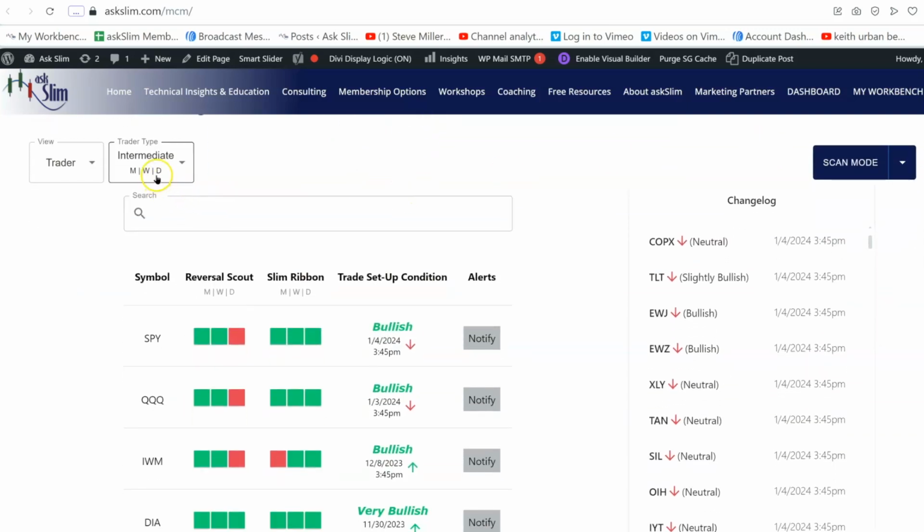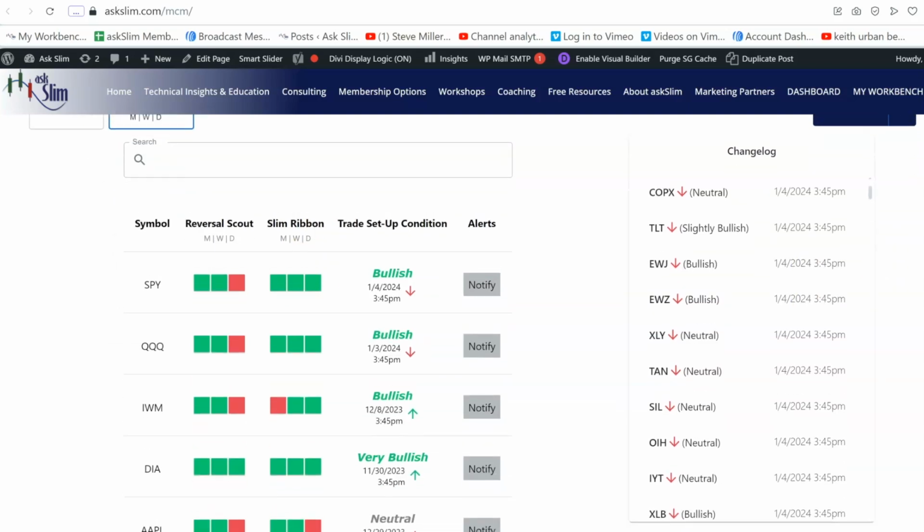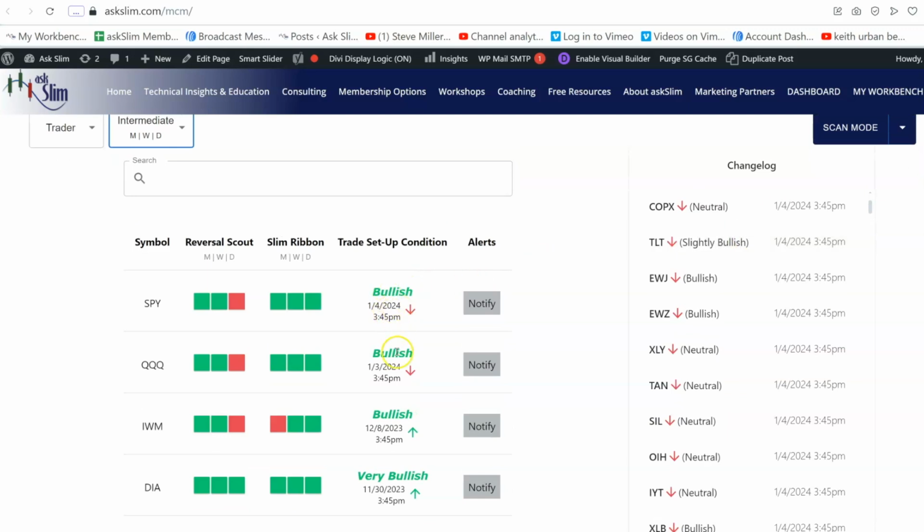I want you to see right there. Essentially, you can be in the trader version. So it's are you an intermediate, short-term, near-term, which is a couple-day swing trader, or an intraday trader? Intraday is only available for level 4. This is important. You can see in here that the intermediate conditions are still quite positive. Bullish, bullish, bullish.